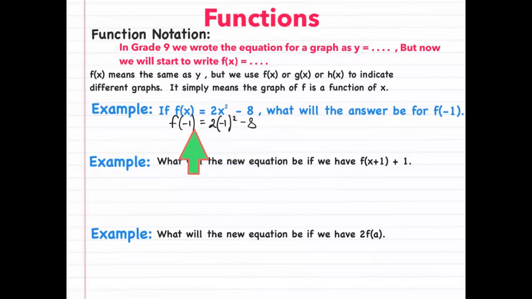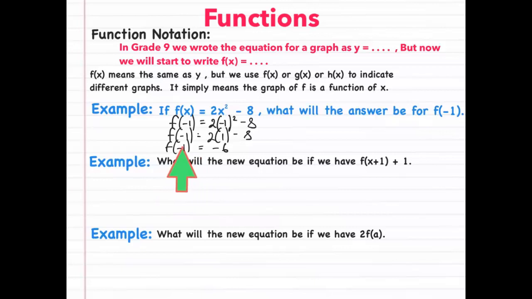And now we simply multiply all of that. So basically now the function when x is -1 is equal to 2 times 1 minus 8, and when x is -1, our y value will be equal to 2 minus 8, which is -6, and there we go.